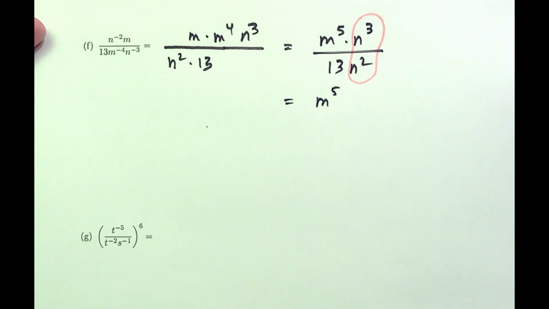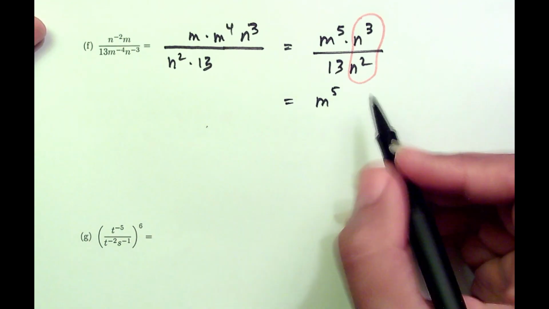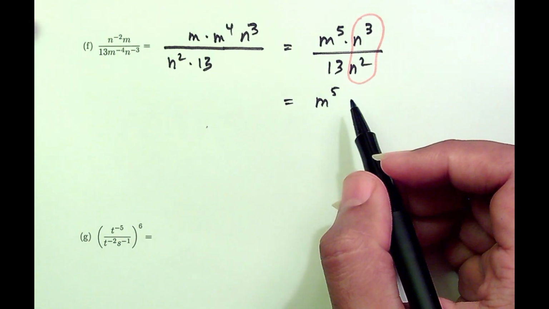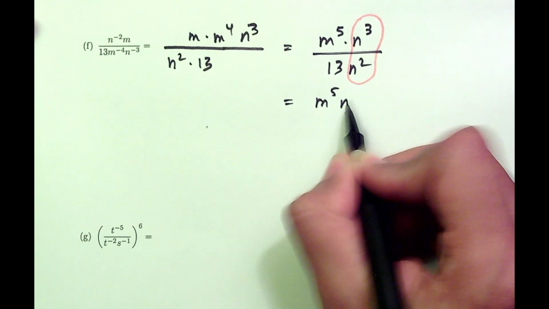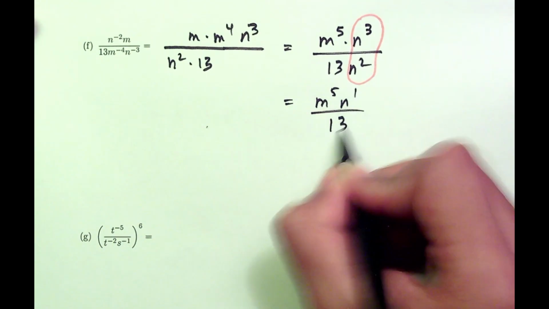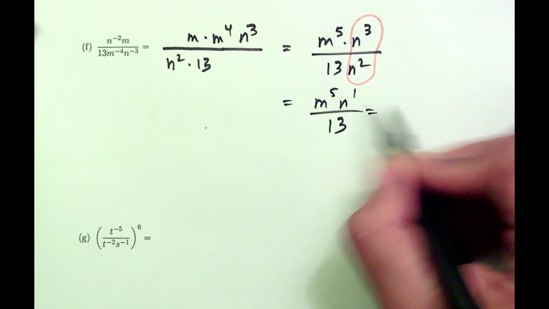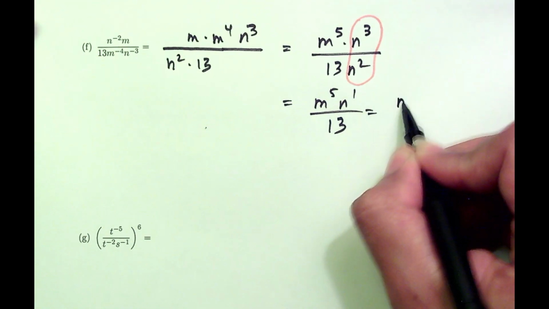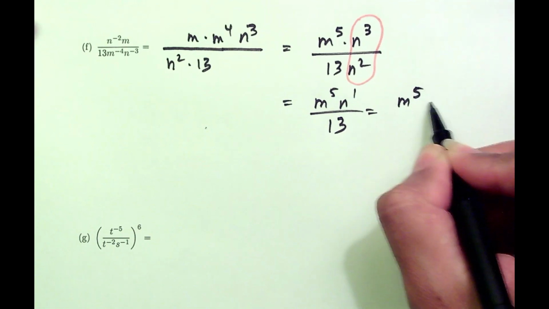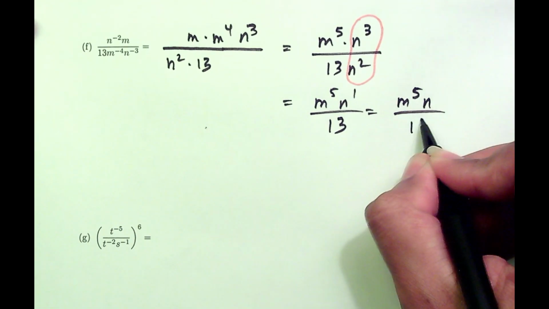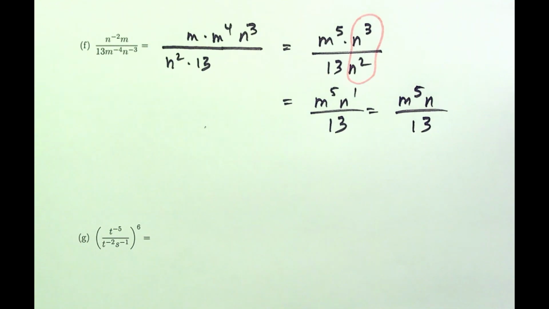It's positive 1. So the fact that it's positive 1, that means it stays on top. So n to the 1 on top over 13. And again, don't write n to the 1 because we never write that. We just say n. Okay, and that's the answer.